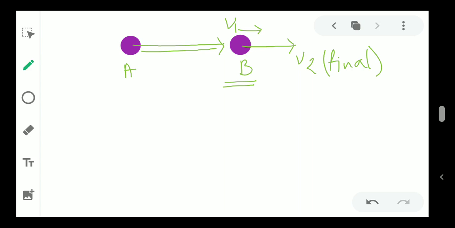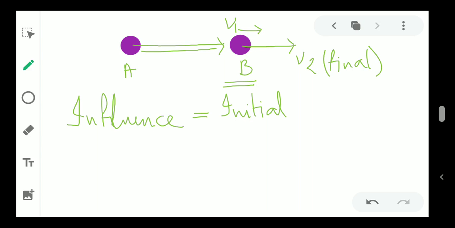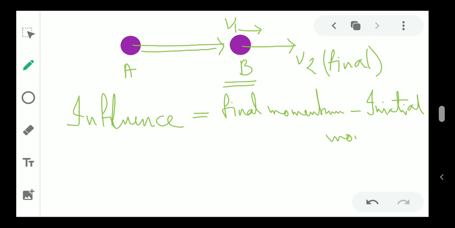So ultimately what we can write is that the influence which has changed the state of that ball is nothing but the final momentum minus the initial momentum, and that will show how much the state is changed.